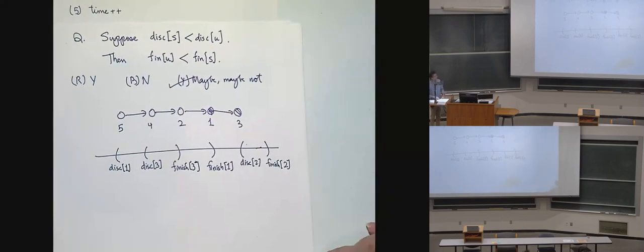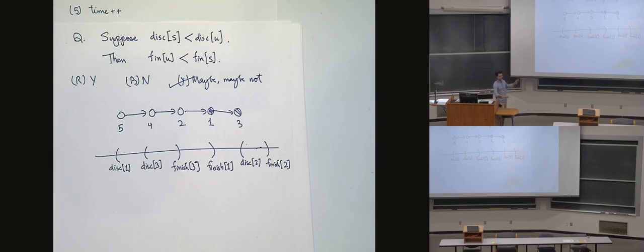So why am I using these parentheses forms on this? It turns out there's a statement called the parentheses theorem that says that if you line up time and you look at the discoveries and finishes, it forms a perfectly parenthetical string.